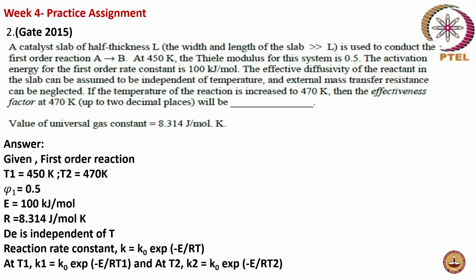Now at T1, K1 will be K naught into exponential of minus E by R T1, because the activation energy and the frequency factor are not going to change. These two are constant, and at temperature T2, K2 will be K naught into exponential of minus E by R T2.